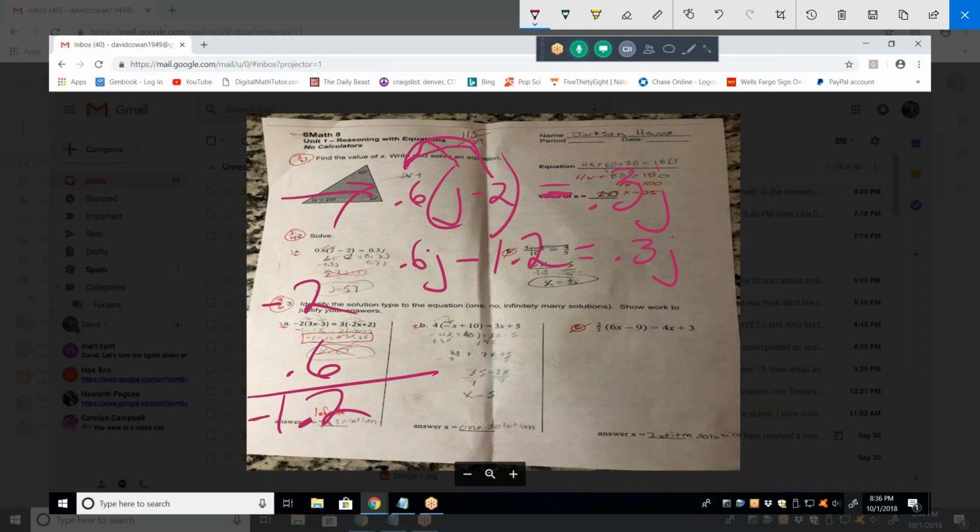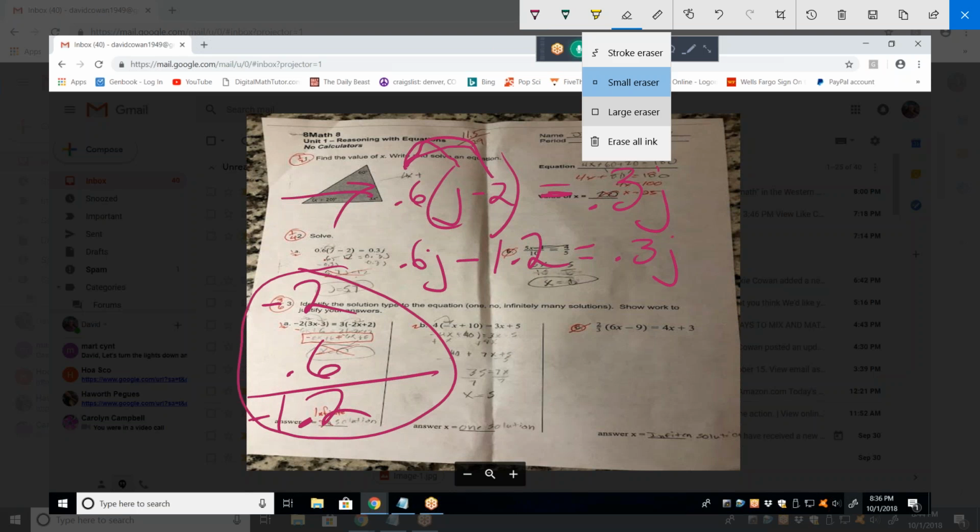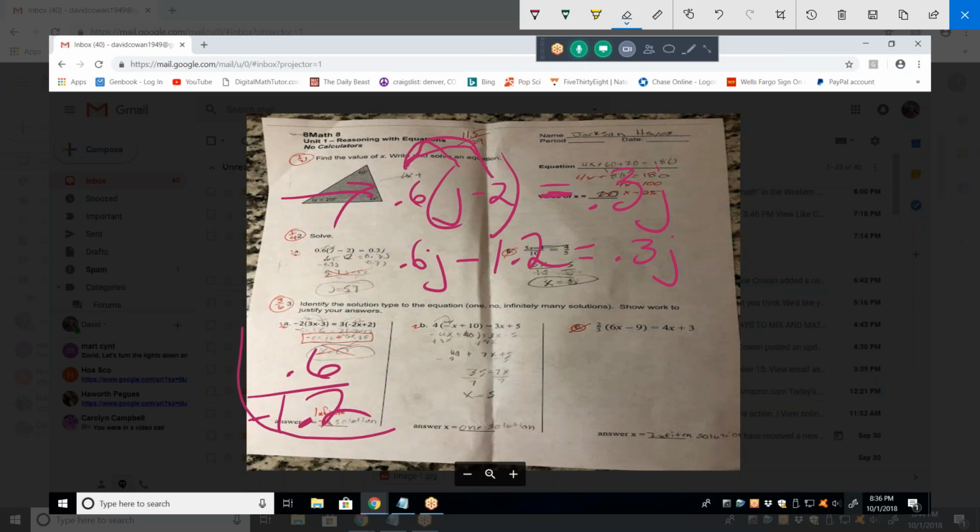So this is the official way they teach you to do it, but you want to get in the habit of ballparking it, always. By ballparking it is exactly what I did. I knew that 0.6 was close to 0.5, which is a half, and half of 2 is 1. So it's got to be a little bit more than 1. Well, 1.2 is a little bit more than 1. Okay, so now we're at this point in the equation. What's the next step?